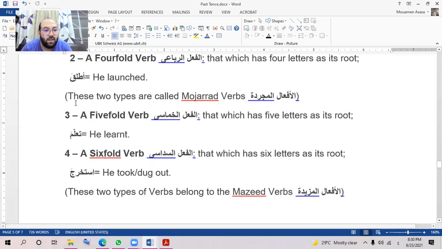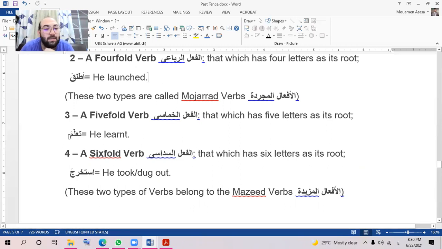Okay, we have the third and fourth categories. The third class is a 5-fold verb, that means the fi'l al-khumasi, the verb that has 5 letters. Ta'allama. And you know, all of these verbs, we are taking the roots in the past in terms of he, because it's the simplest.